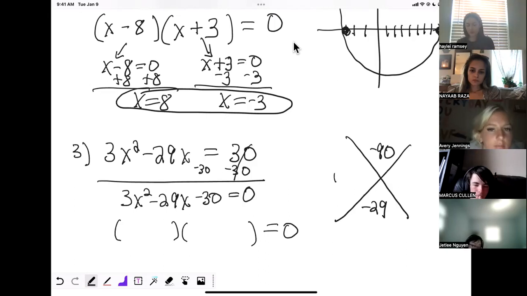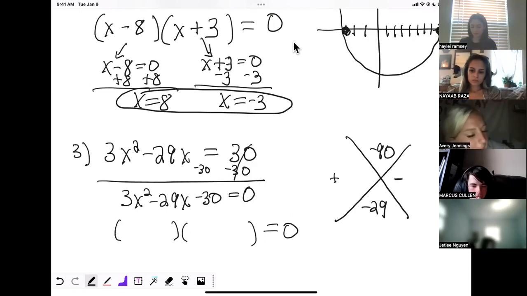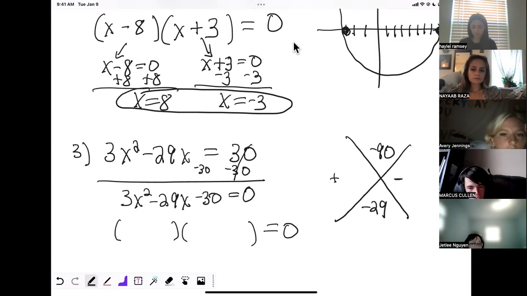I know one's positive and one's negative. That's going to help me too. Okay, so that means I'm going to subtract them. 9 and 30. 10, 30. Oh yeah, well, my mind's not thinking. Hold on.